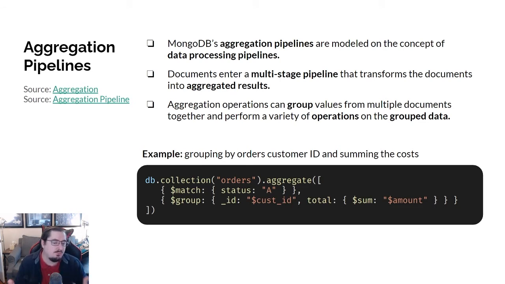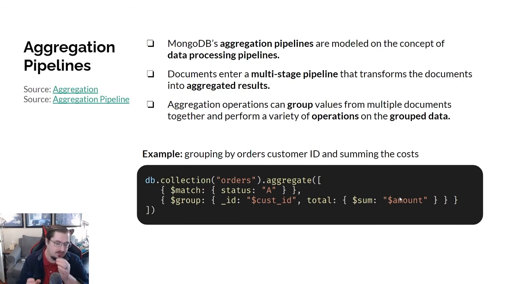So we're grouping by the customer ID. So now the records that come out will have a column named _id, but that will be the customer ID, or what originally was the customer ID. And then we're also specifying that the results of this grouping have another column named total, and that total is the sum of all the amount columns in the orders.